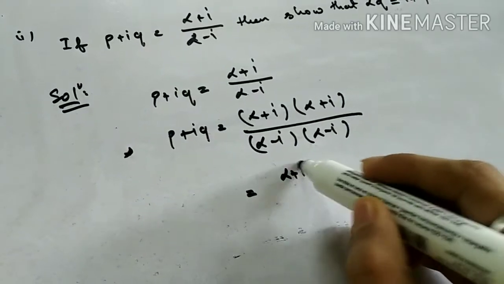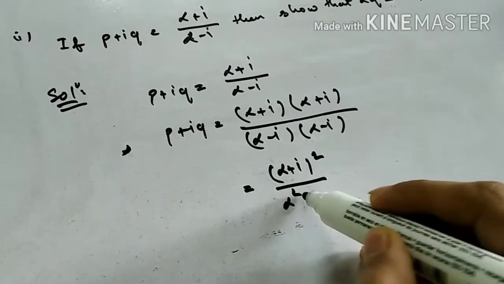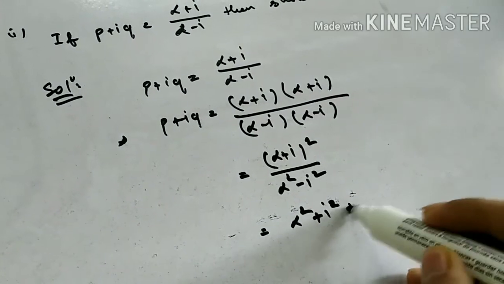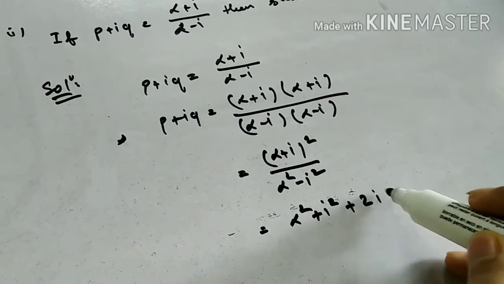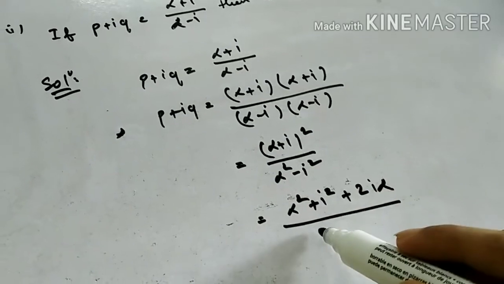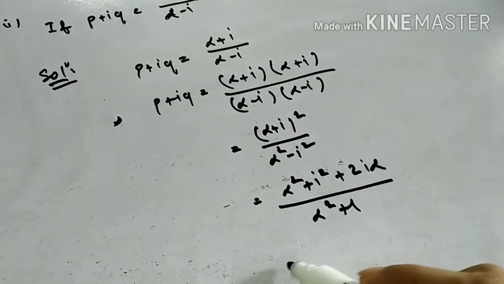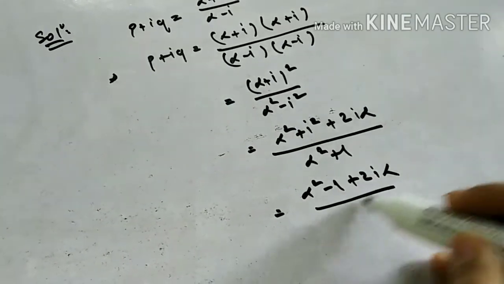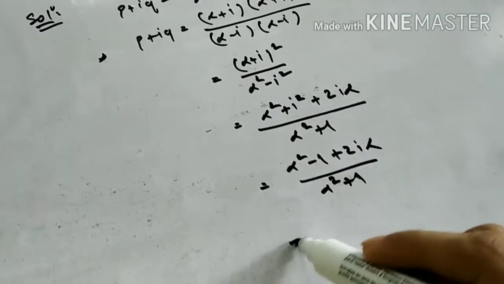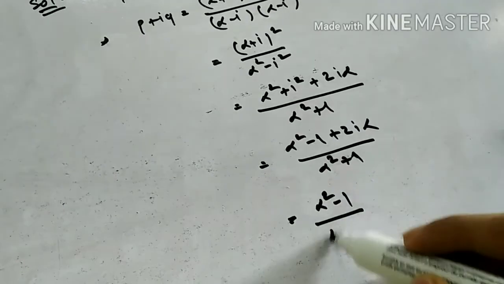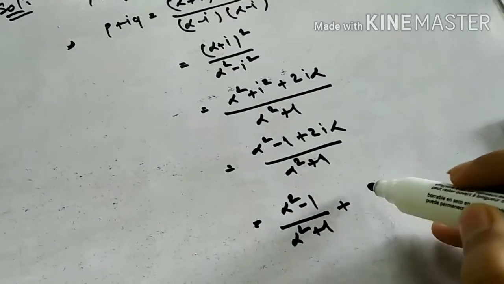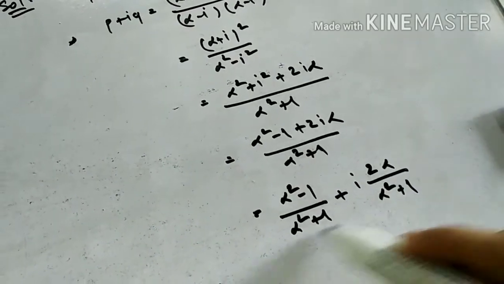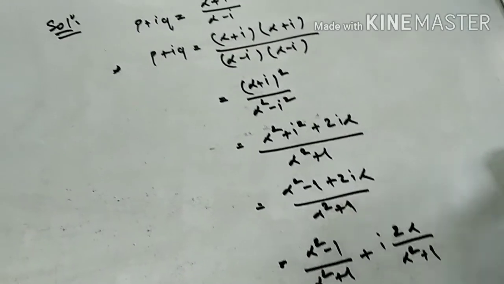So next I will get alpha plus i the whole square, alpha square minus i square, alpha square plus i square plus 2i alpha. I will get by, this is alpha square plus 1. So alpha square minus 1 plus 2i alpha by alpha square plus 1. So alpha square minus 1 by alpha square plus 1 plus i 2 alpha by alpha square plus 1. A plus ib form I am writing.